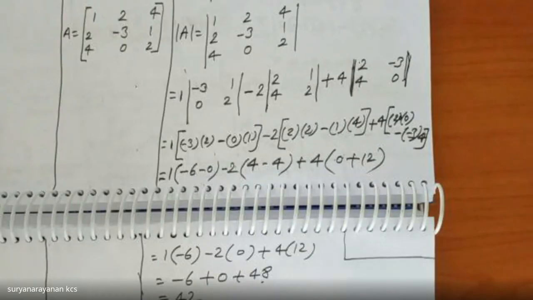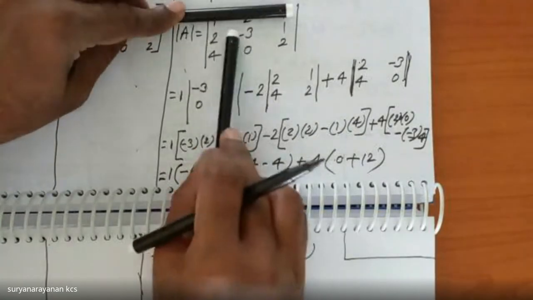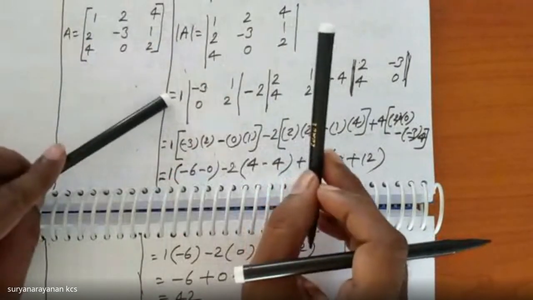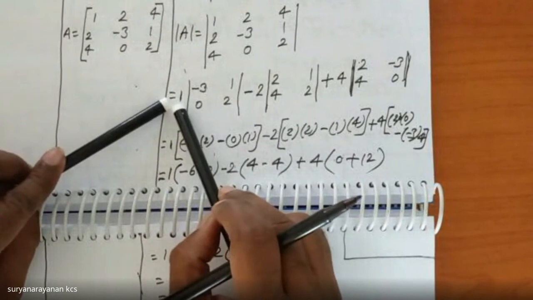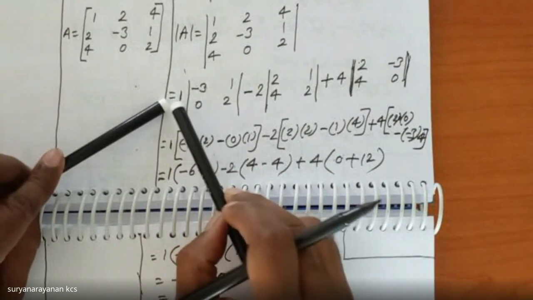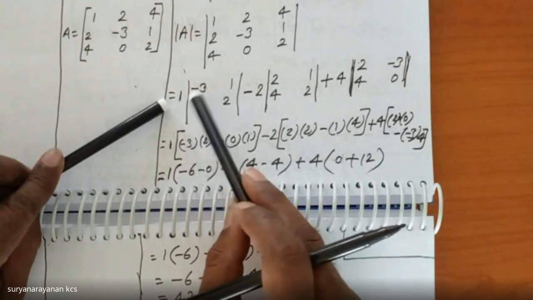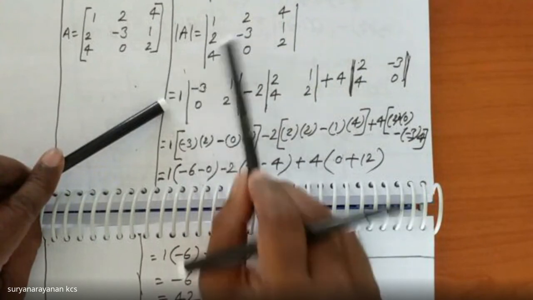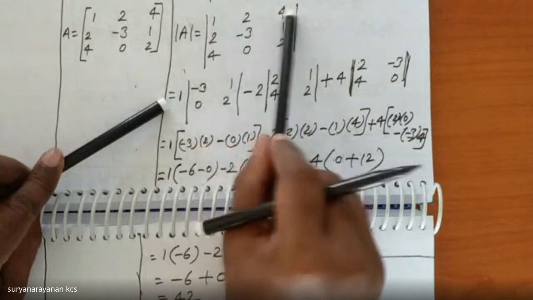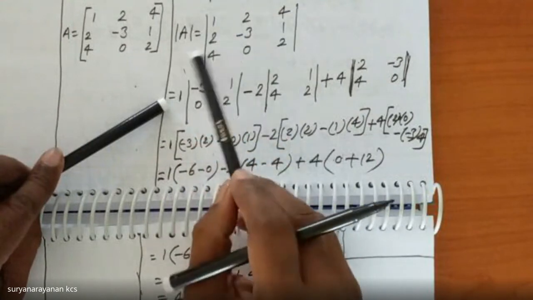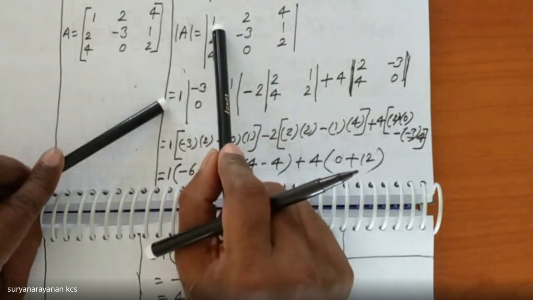After that, close that first row and first column, because we have taken this number. From which row and which column is this number 1 taken? Taken from first row, first column.